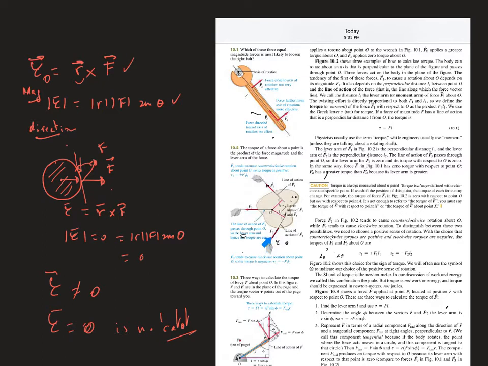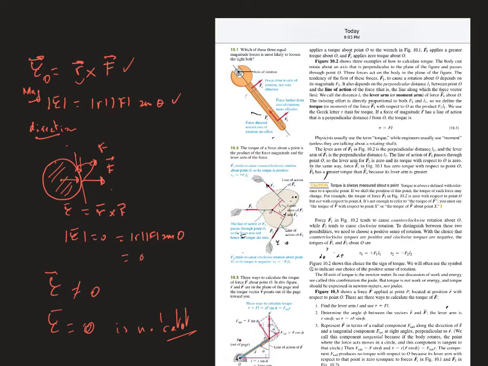And this force will create a torque, but it will be a negative torque, because the cross product of R by F will go clockwise.